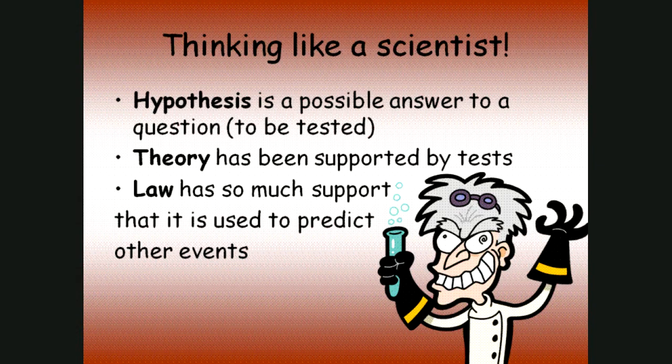What do you predict will happen to a lead weight if you let go of it from a height? You think it'll fall and hit the ground? You see, those are predictions we're making because we have that much support in the law of gravity and that much faith in it that we can make predictions based on it. Okay.